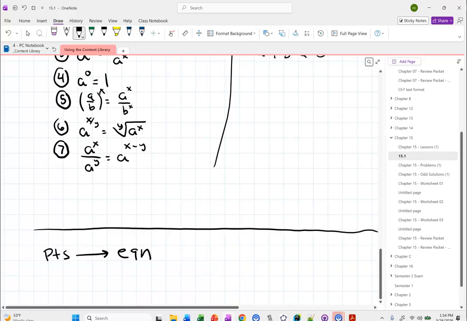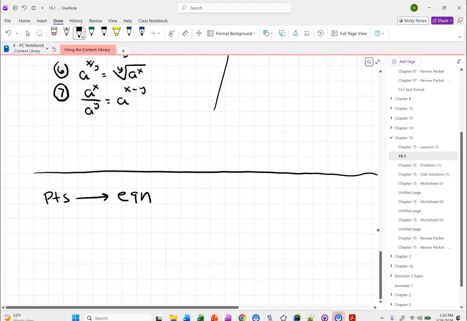All right, what we want to talk about now is how we go from points on an exponential function to an equation for the exponential function. So there's two situations.